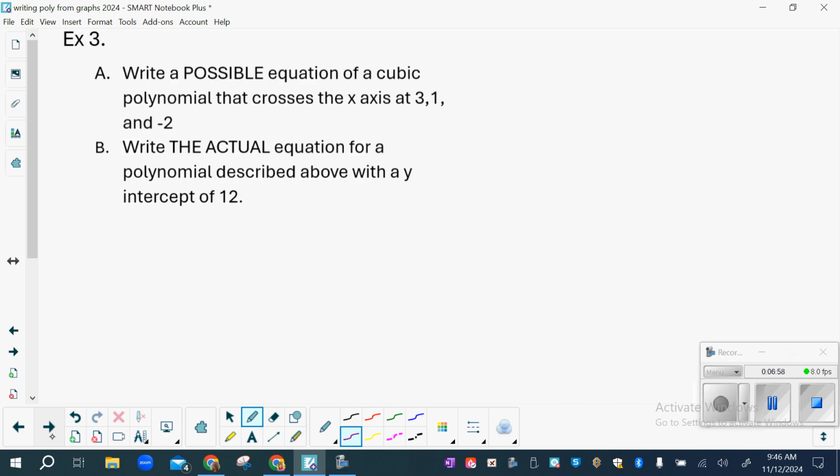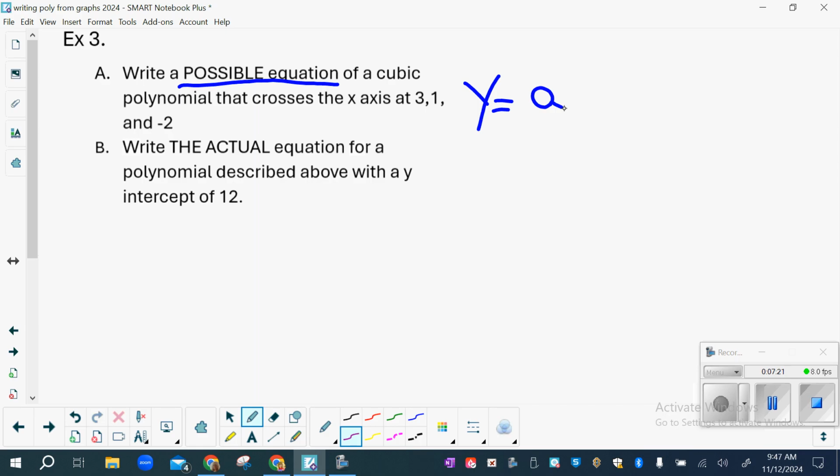This is really easy. So the first thing that we want to start with is the possible equation, right? So it's going to be y equals A times. Now it's telling you it's a cubic, so we're going to be looking for 3 little roots. We don't have to do anything with that. It's just a helper.